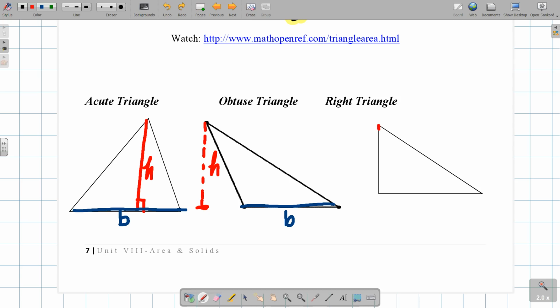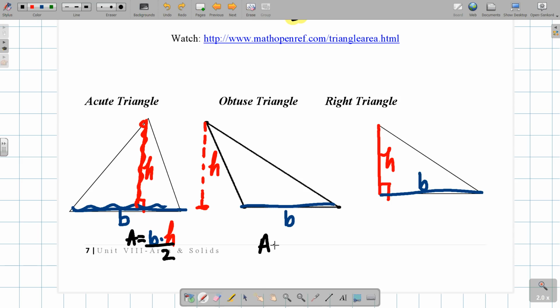And in a right triangle, the height is on. So let's write the area equations for all of these. For the acute triangle, area equals that base times that height over 2.